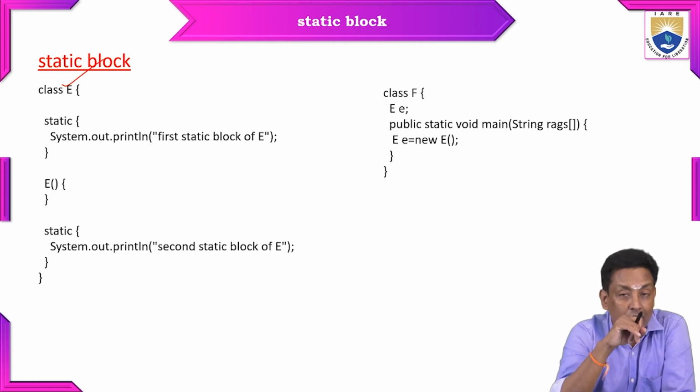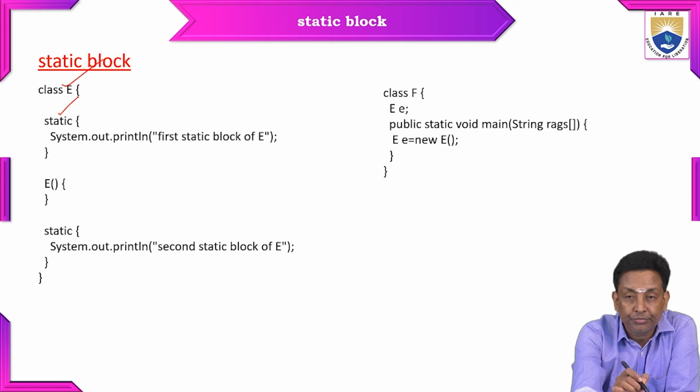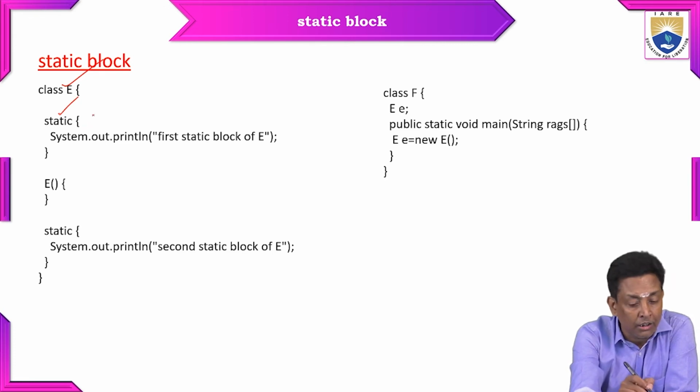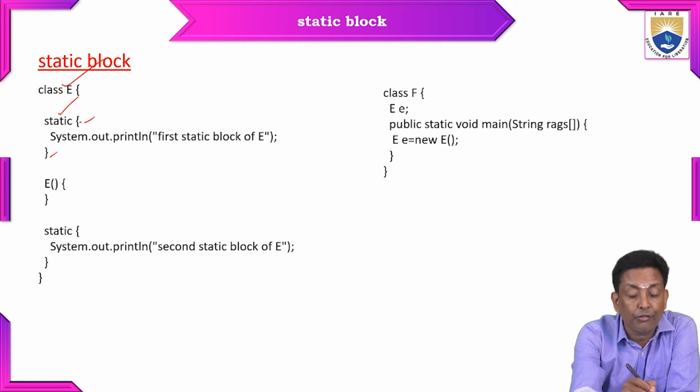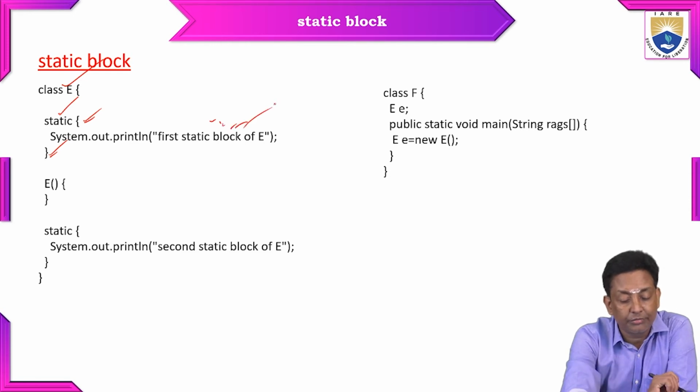But anyway, how to write a static block? A static block is written with the static keyword, followed by no parentheses, nothing, just curly braces open and closed. A static keyword followed by curly braces open and closed is called a static block. Inside a static block, you can write anything.